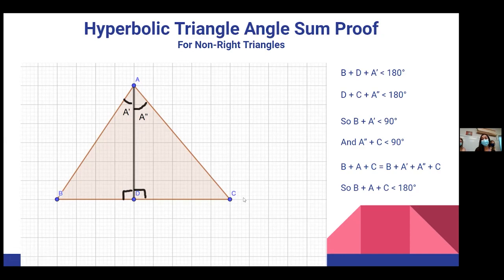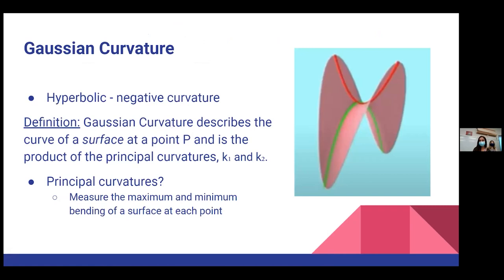Angle A double prime and C have to have a sum of less than 90 degrees in order for triangle ACD to be less than 180 degrees. And since the entire triangle ABC is comprised of these 4 angles, B, A prime, A double prime, and C, then the entire triangle interior angle sum will be less than 180 degrees, proving that for all non-right triangles, the interior angle sum is less than 180 degrees.